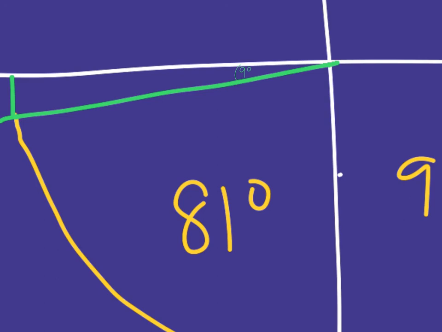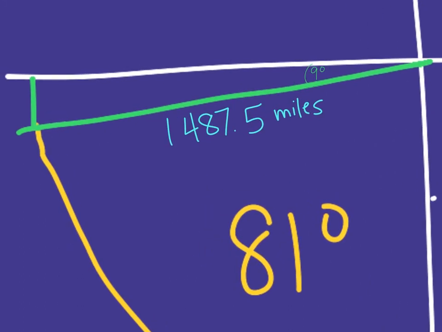I got 1,487.5. Can you check that? 425 times 3.5? Okay. So it's a really long hypotenuse. It's a very small triangle with a degree, but a very long hypotenuse.